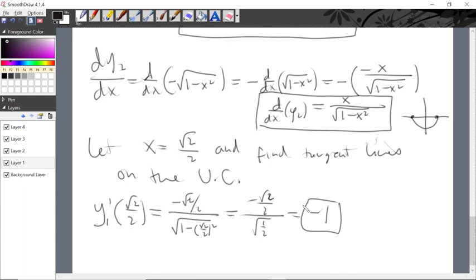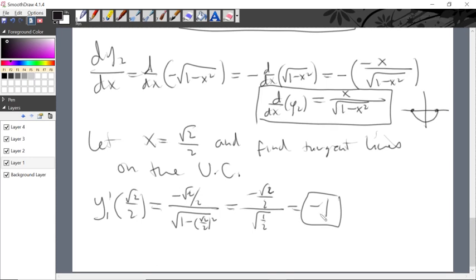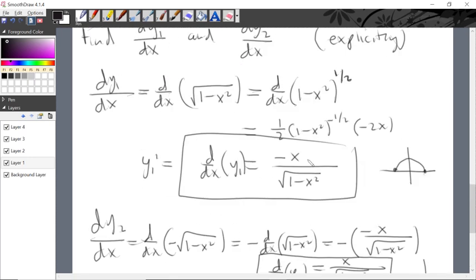Does that make sense geometrically? When we use the explicit form of the derivative on the upper half of the unit circle and evaluate it at x equals root 2 over 2, we got that the slope of the tangent line would be negative 1. That seems to make sense because in quadrant 1 on the unit circle, the tangent line clearly has a negative slope.